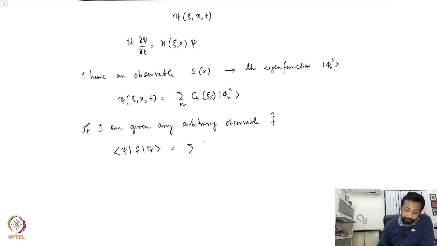sum over n, n prime, φ_n prime, and I'm going to have C_n of ψ comma t times C_n prime of ψ comma t.